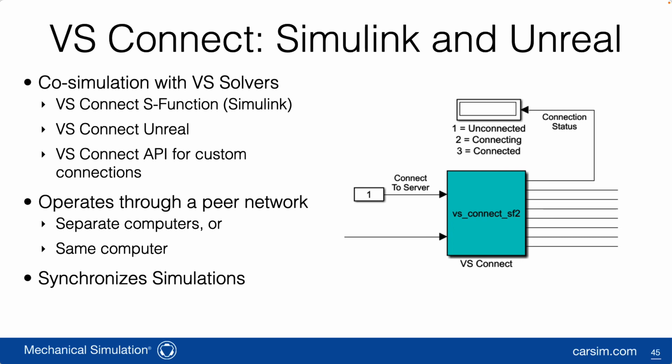Unreal will not run under Simulink, and Simulink will not run under Unreal. So the solution is that you run both of them at the same time. They do co-simulation. You hook up CarSim or TruckSim with the one that needs the fastest communication, and then you run VS Connect to synchronize them so that they don't go rogue and go independent.